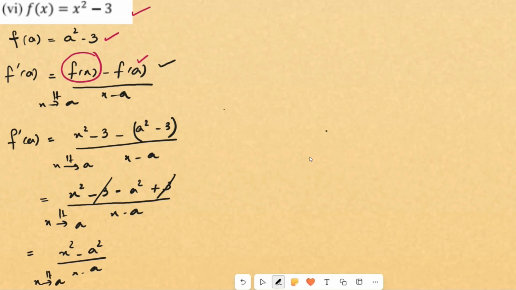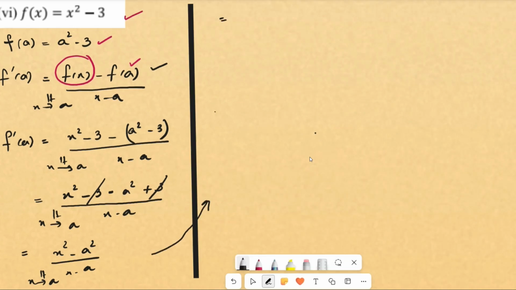Here we know the formula a square minus b square is equal to a plus b into a minus b.